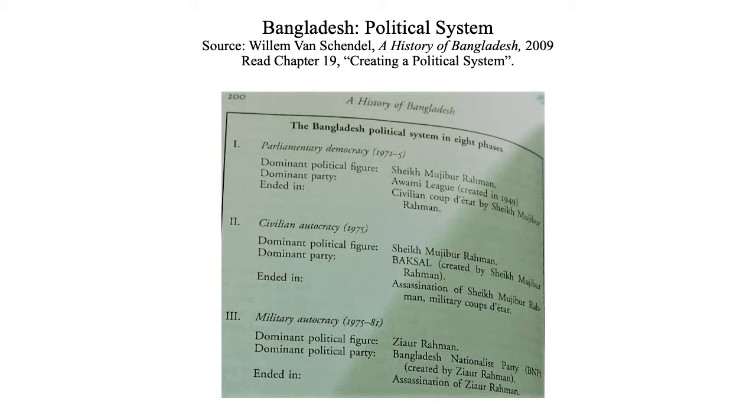Dominant party was Bangladesh Nationalist Party, BNP, created by Ziaur Rahman, and Ziaur Rahman was assassinated in 1981.